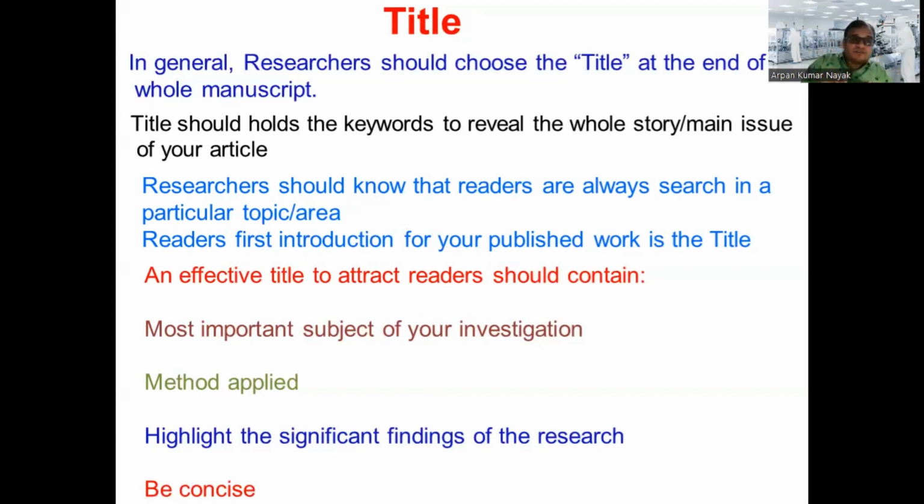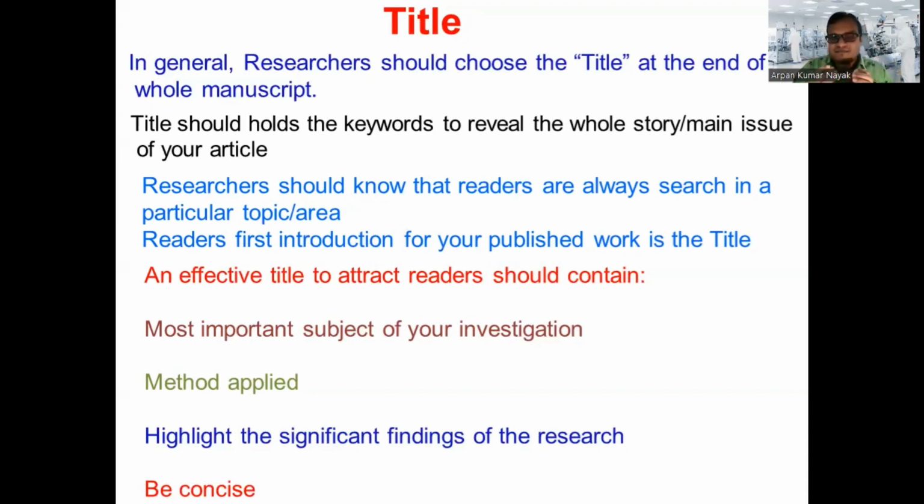So the first point, the subject: you have to take a few keywords for your subject or the investigation on that particular topic. Next, what method the researcher applied, that also you have to put there. Then what are the significant, remarkable or important findings of your research?